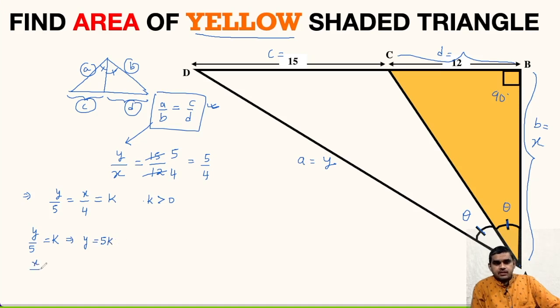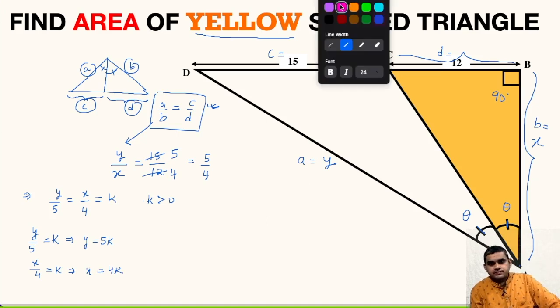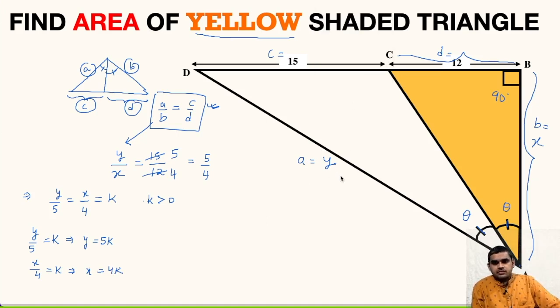Likewise, x upon 4 is equal to k, so x equals 4 times k. So in place of y we can write 5 times k, and in place of x we can write 4 times k.